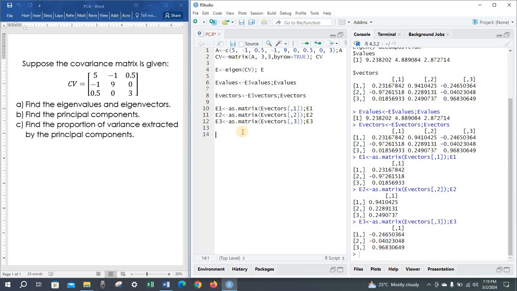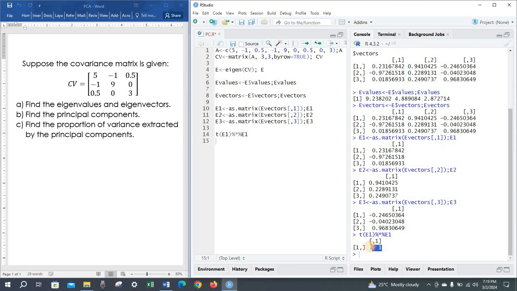These eigenvectors are actually normalized, or you can call them standardized, because the sum of the squares of the elements of the eigenvector will be 1. You can test it by running this code. See, it is 1.